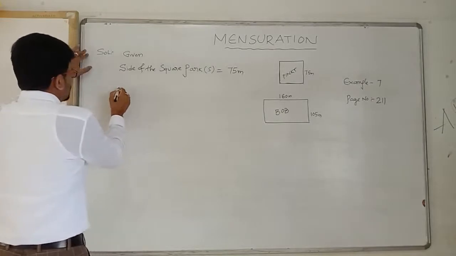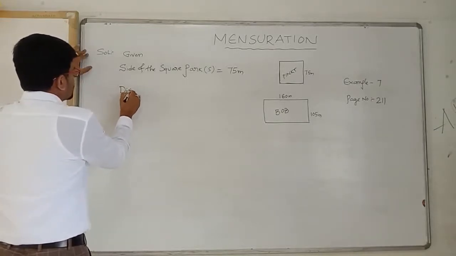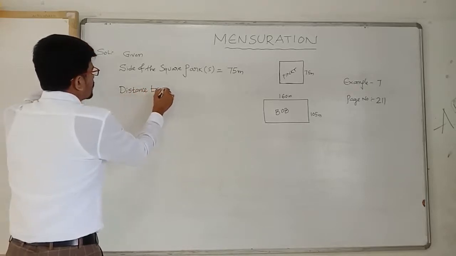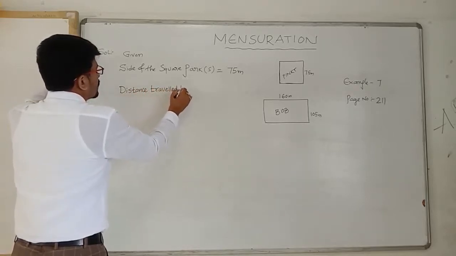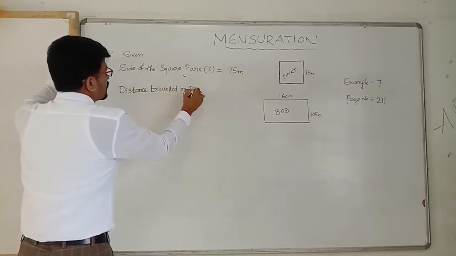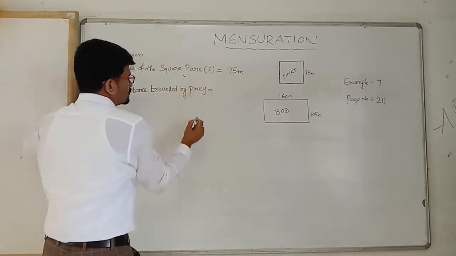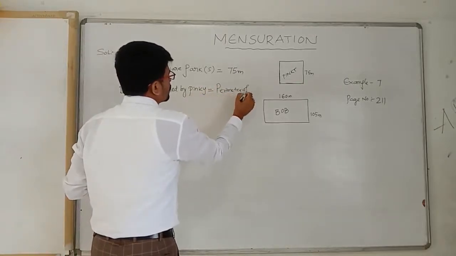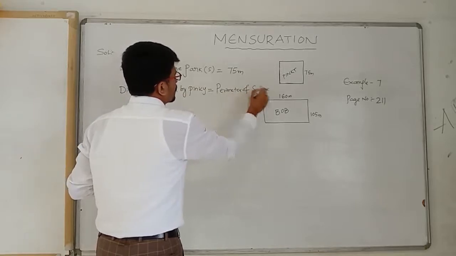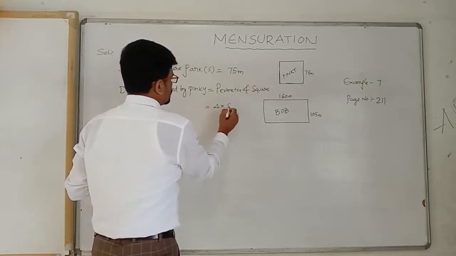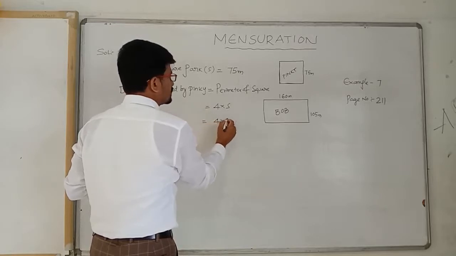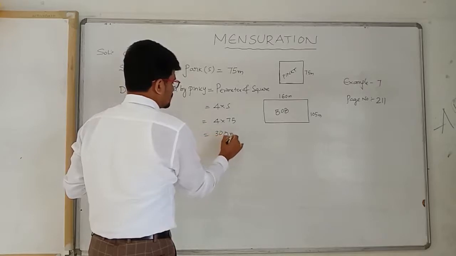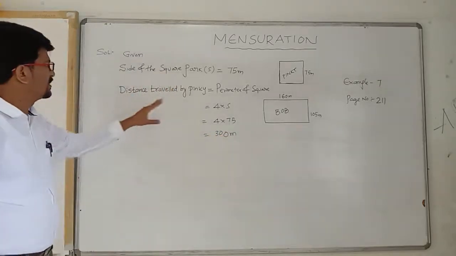Now, distance travelled by Pinky is equal to perimeter of square. That implies 4 into 75. That implies 300 meters travelled by Pinky.